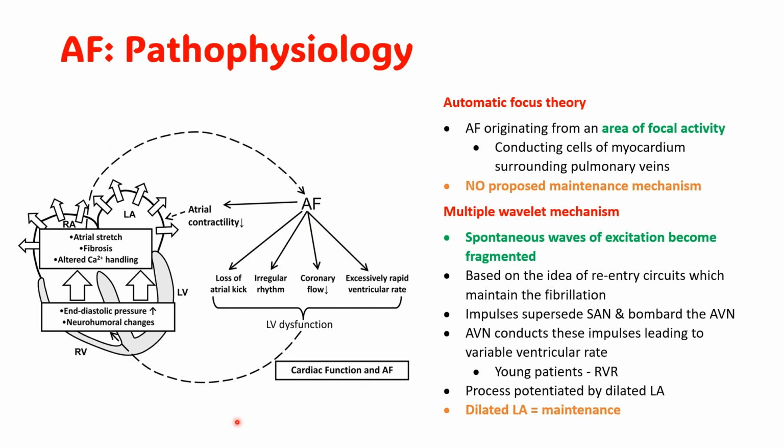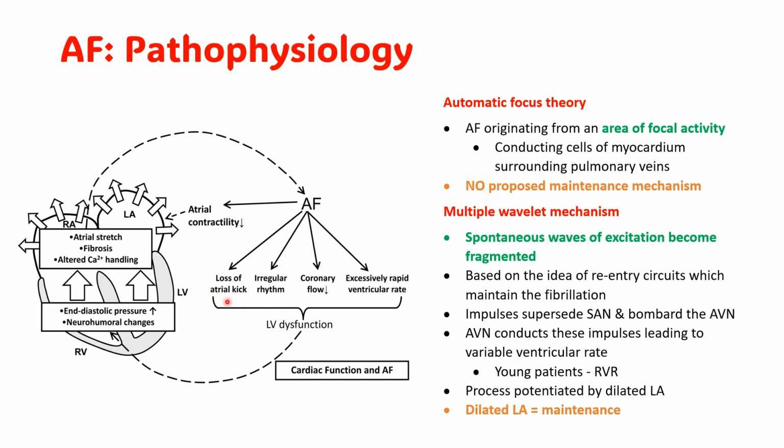So the diagram here, we have end diastolic pressure increases and neurohumoral changes, so nerve and hormonal changes, leads to atrial stretch, fibrosis, altered calcium handling. So the fibrosis is related to the fact that there's more calcium being retained in the heart cells. And then there's basically just abnormal atrial contractility, and this leads to the AF.